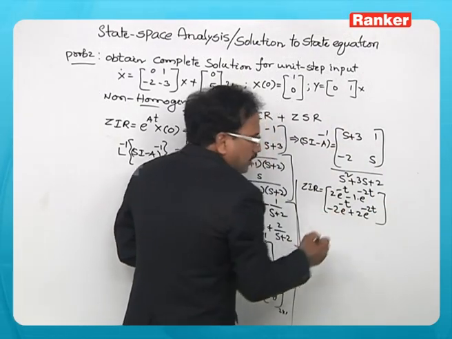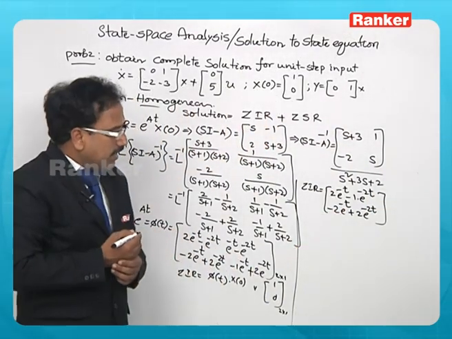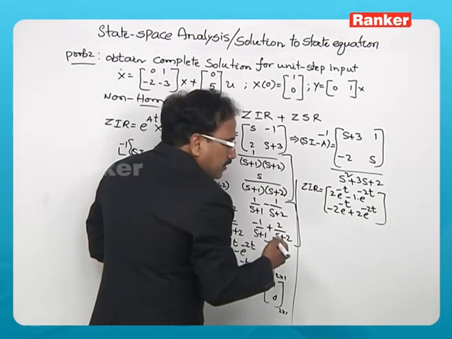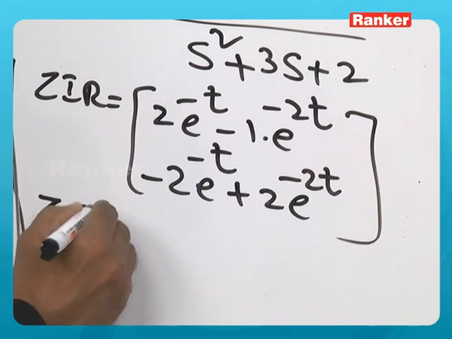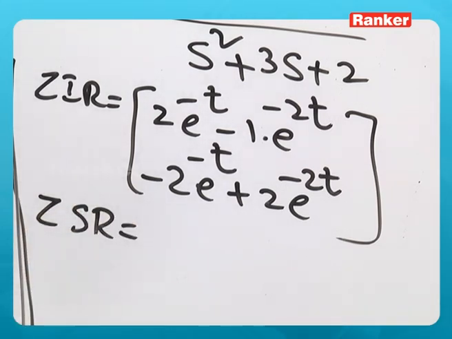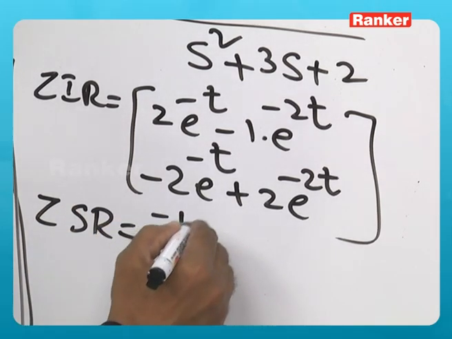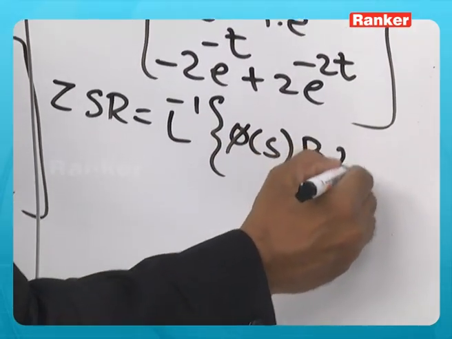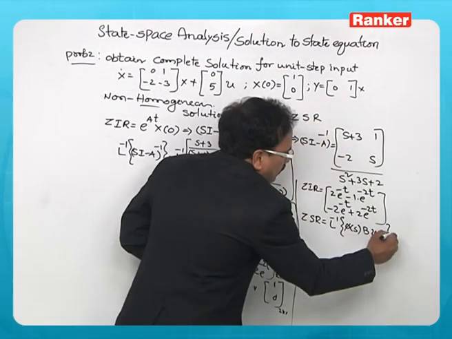So, this is the 0 initial response you get for the given system, and you need to have a 0 state response also. This is nothing but Laplace inverse of phi of s into B times U of s.